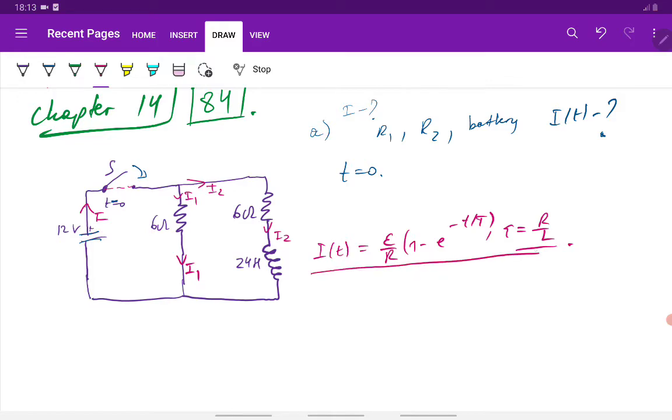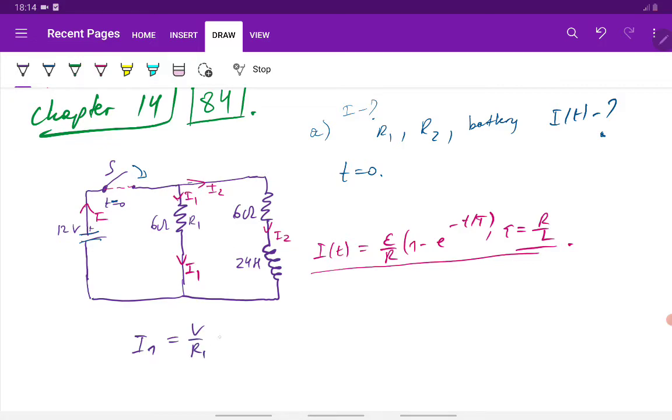This is the first situation, at t equals 0. So the current through this, so we have current going in this direction. So we will have, there is nothing, right? In this case, we just use Ohm's law. So current going through this resistor R1 is just equal to voltage, since the voltage source is equal, right, here.